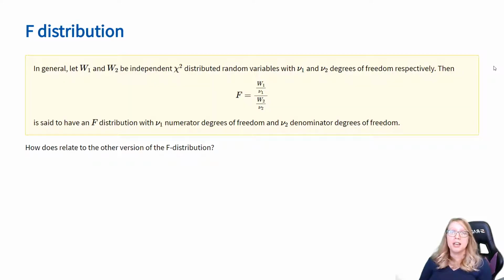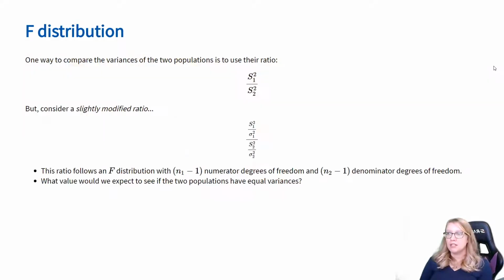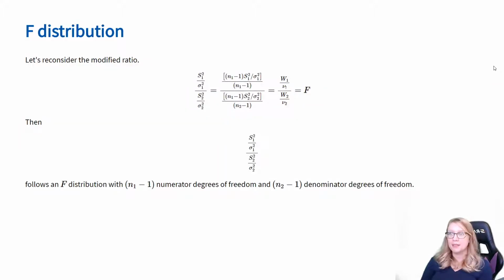Now, in order to get from this version of the F distribution to the other version, all we really need to do is multiply each numerator and denominator by their appropriate degrees of freedom, and we get those chi-square distributions that we recognize.